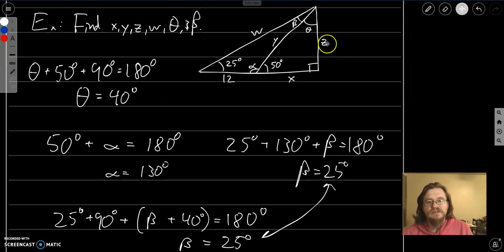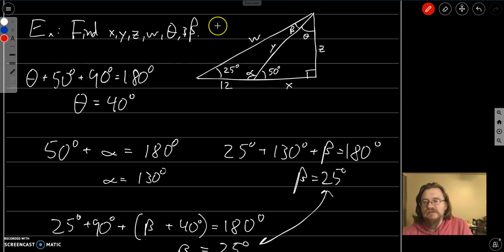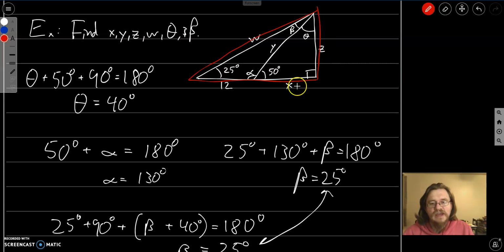Another way to relate z and x is to again look at this big triangle that extends all the way around. In this triangle, I have a 25-degree angle down in this corner. Again, we can look at the tangent being the opposite over the adjacent, and that's going to relate z and x.